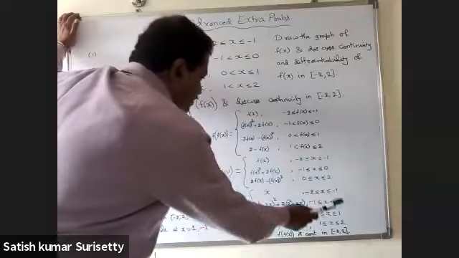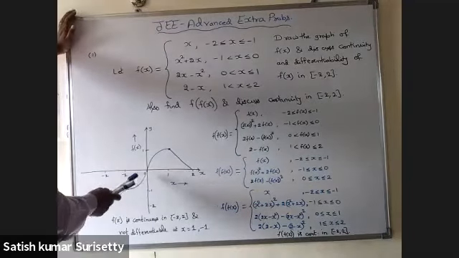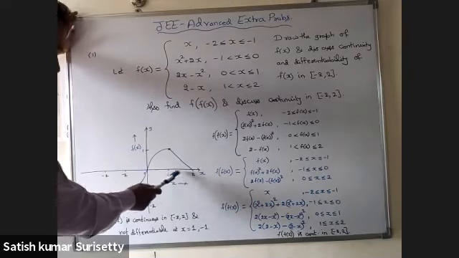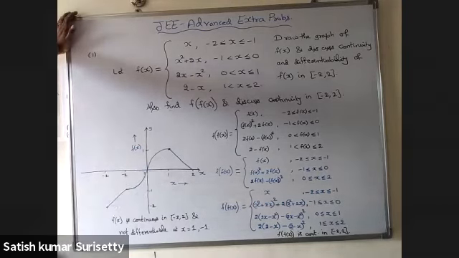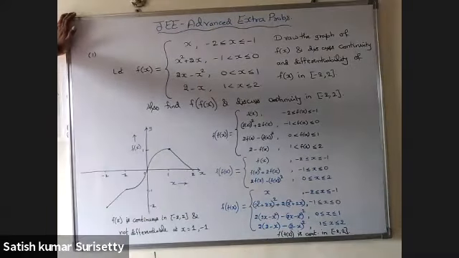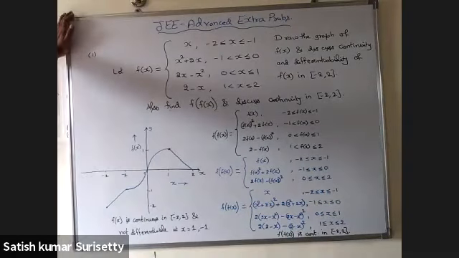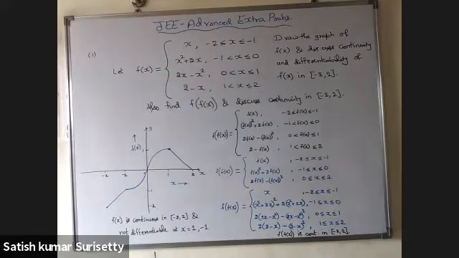Next, when x lies between 0 to 2, you have two parts. So you have to split at 0 to 1 and 1 to 2. For 0 to 1, we replace f(x) with 2x - x². And for 1 to 2, you replace f(x) with 2 - x. So from this, again, we can conclude that f(f(x)) is continuous in closed interval -2 to 2.